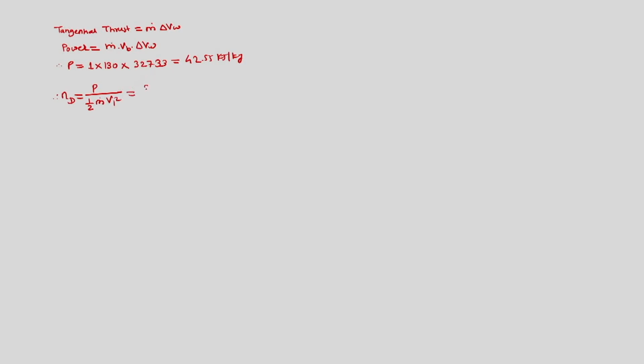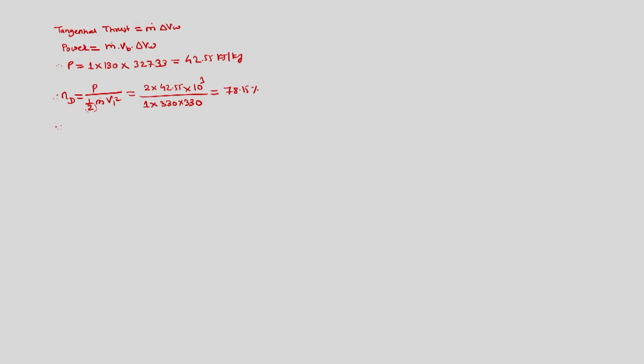So this 2 will go in the numerator, 2 into 42.55 divided by m dot is 1 into 330 into 330. This is in kilojoule, so we can make it into joule. 330 into 330, and this gives us diagram efficiency as 78.15%.